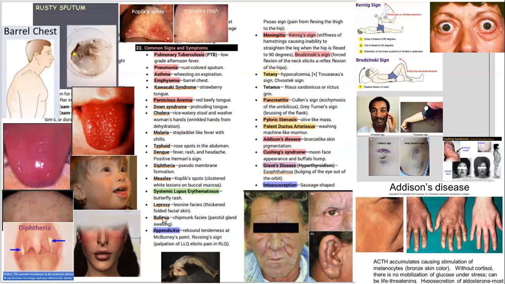Next here is bulimia. The characteristic features are chipmunk facies and parotid gland swelling. Bulimia nervosa is an eating disorder characterized by binge eating, followed by methods to avoid weight gain.